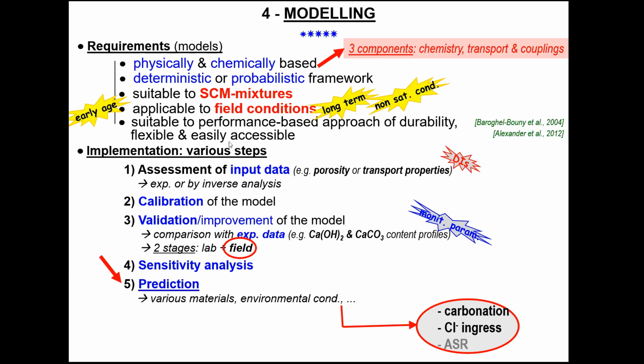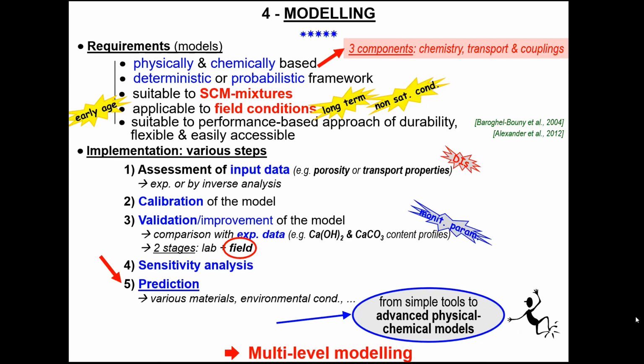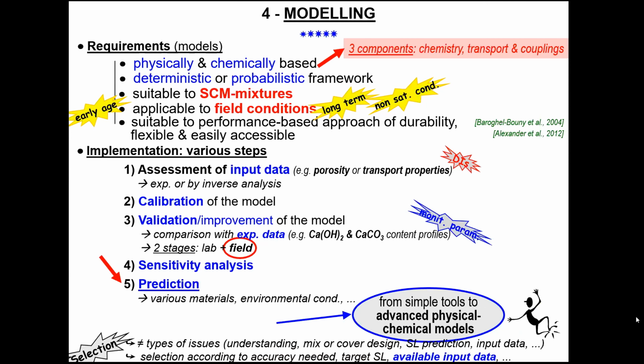And of course, they need to be suitable to such a performance-based approach of durability. And in this model, your durability indicators will be used as input data, and your monitoring parameters will be used in order to compare with the experimental data and in order to validate the models and to compare with real situation.